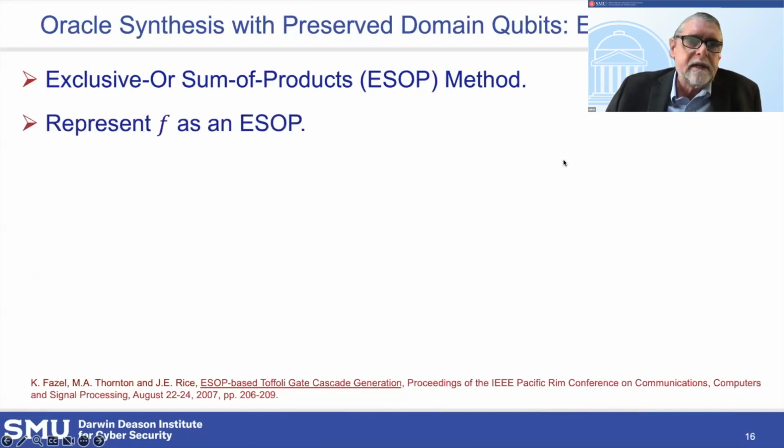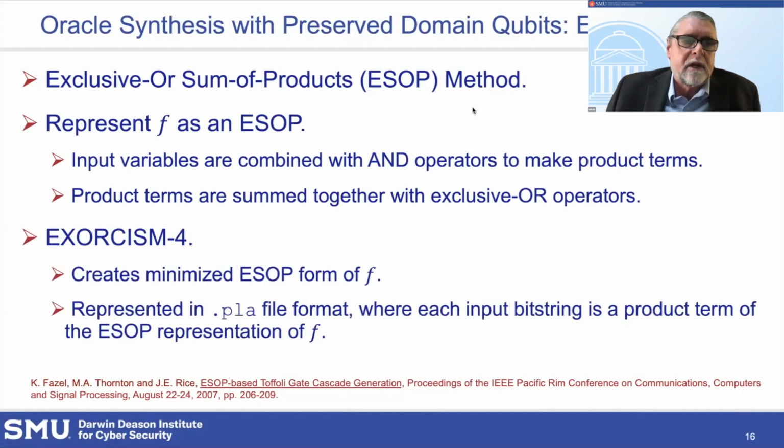So the key idea behind this is to convert the SOP. Remember, I mentioned that the PLA format is a sum of products with an inclusive OR, into an exclusive OR sum of products. So it transforms the switching function into this ESOP form.